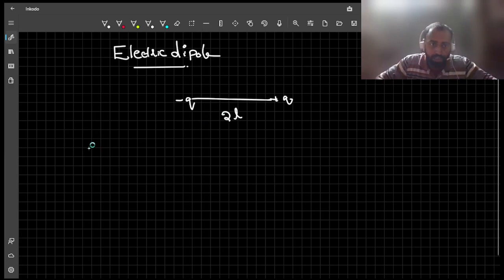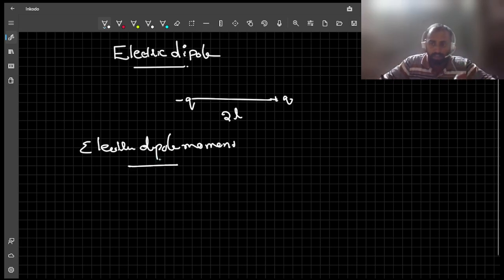The electric dipole moment is defined as the product of any one of the charges and the separation between the charges. It is represented as P.